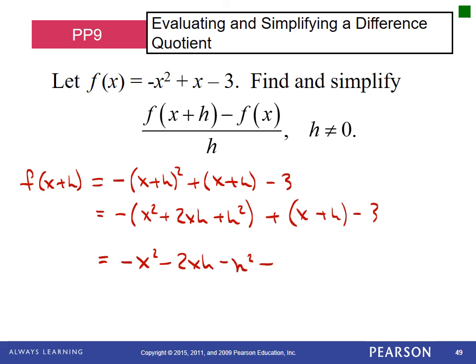Again, you can FOIL that out if you like. You're still going to get the same thing here. All right, dropping all the parentheses, which means multiplying through that little negative in the beginning. In this case, that's what you should be plugging in for f of x plus h. Let me give you at least that answer for now, and then see if you guys can plug it in.